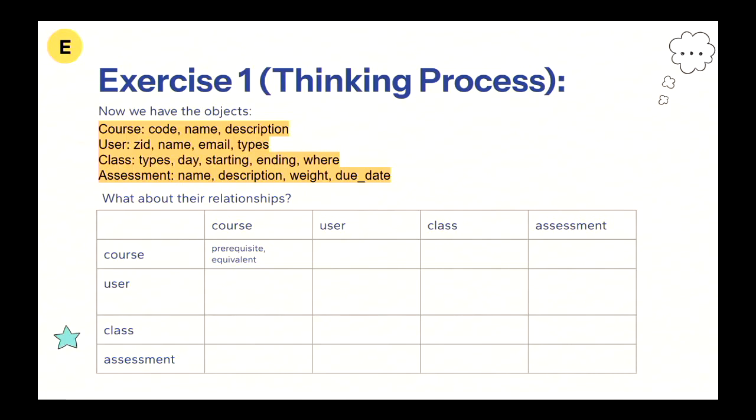What about users and users? Do they have any kind of relations in a course outline system? I heard some people say classmates.